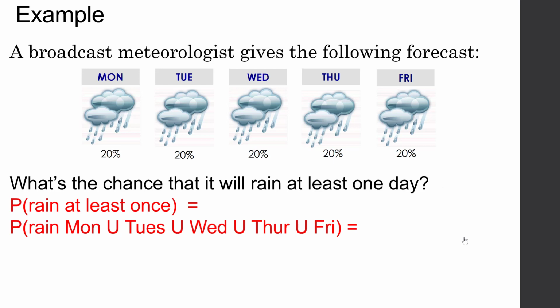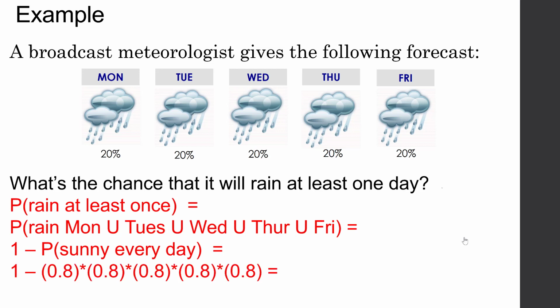So let's use a little trick and use the complement rule. So we can rationalize that the probability it will rain on Monday or Tuesday or Wednesday or Thursday or Friday is 1 minus the probability that it doesn't rain at all, that it's sunny every day. So just a simple little trick with our complement rule.